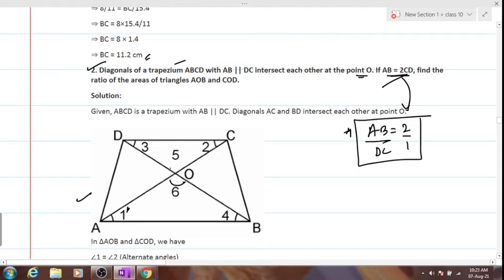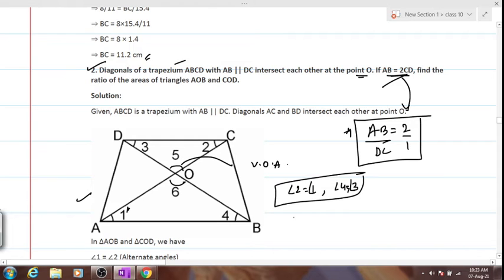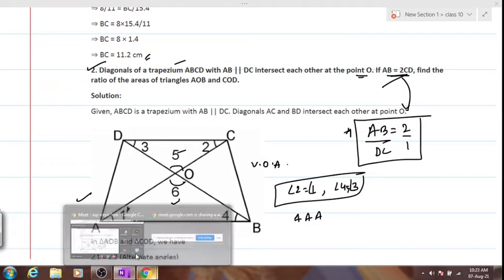This angle will be equal to this angle, vertically opposite angles. And angle 2 will be equal to angle 1, as well as angle 4 will be equal to angle 3. So with the angle criteria, can we say that both triangles are similar to each other?